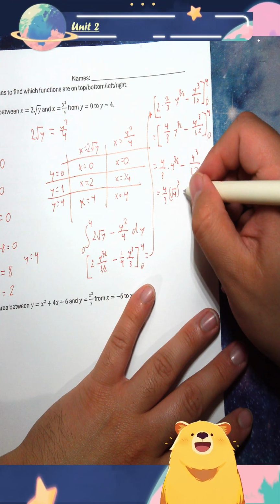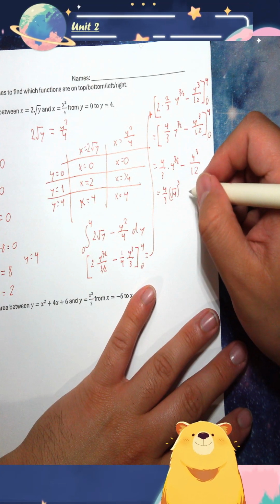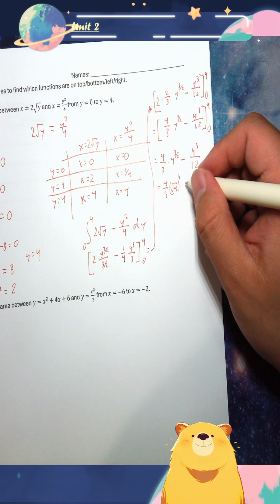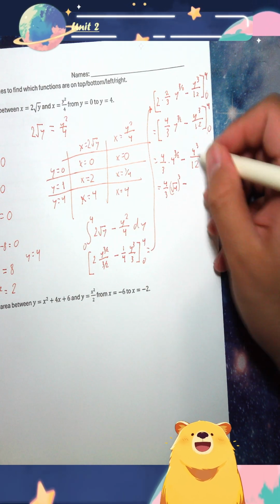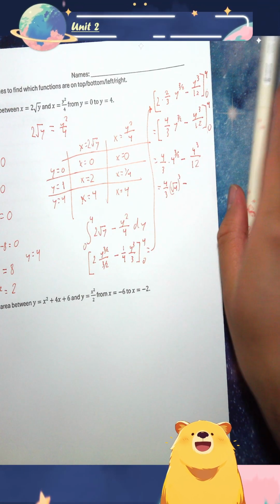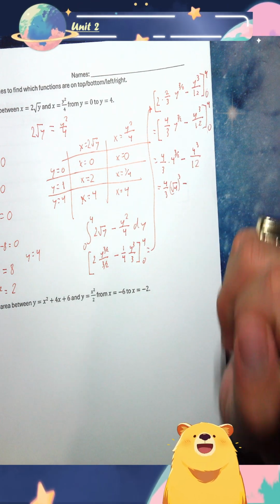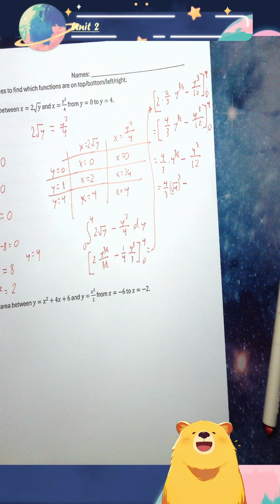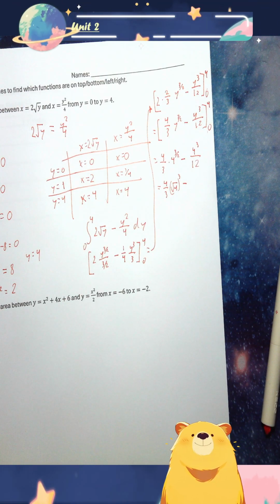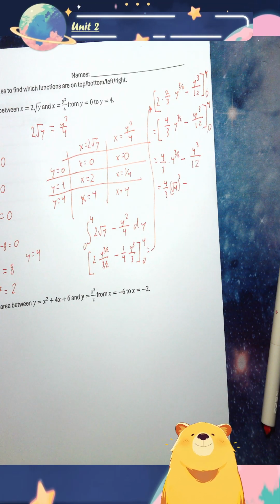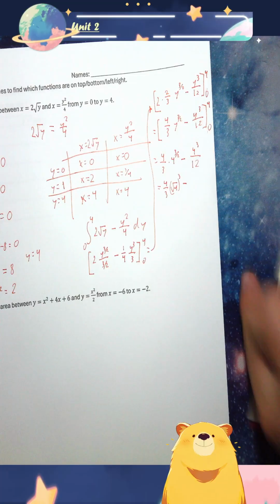I'm pretty sure. And then 4 to the power of 3, I believe that's 64. Let me check in the calculator. Yes, that's 64.